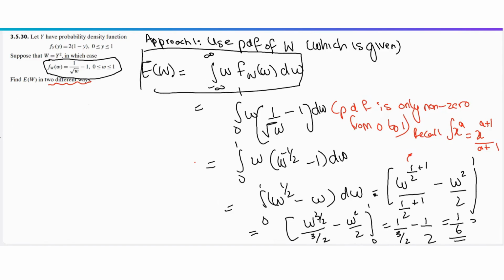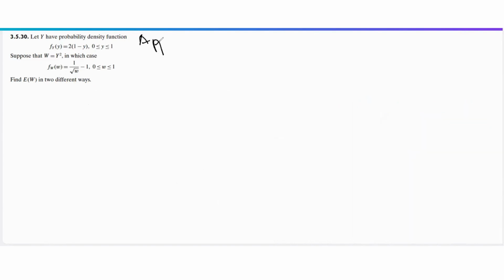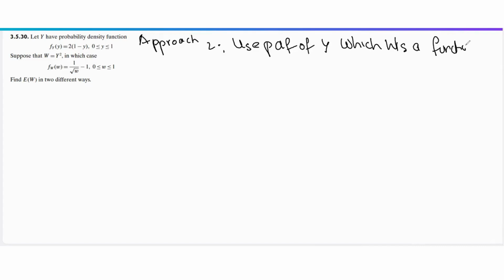Now there's another way you can actually find the expected value of W. What is approach 2 here? Use the PDF of Y. Instead of using the PDF for W, use the PDF of Y, which W is a function of, because W is given to us as Y squared, right?